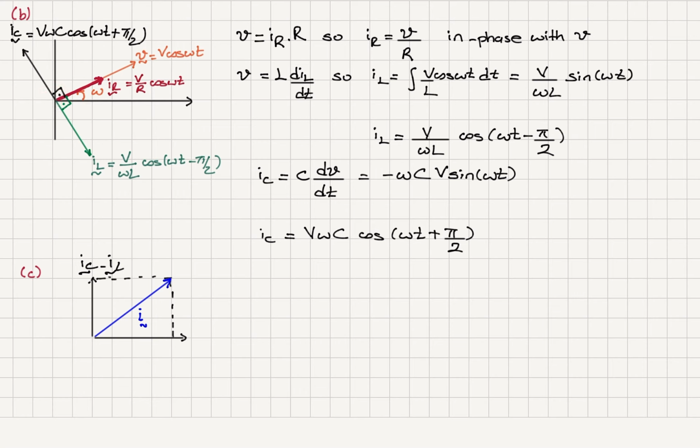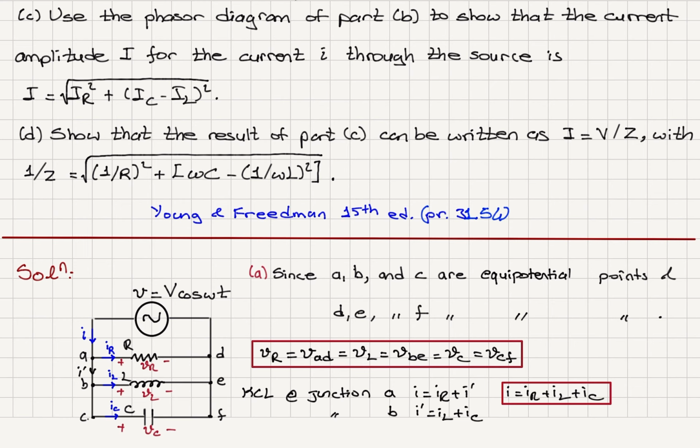And there's a 90-degree angle with respect to I sub R. So I'm going to have the I sub R phasor here. And these three phasors will add up to give me the total current phasor. Basically, this equation that I have here is actually a phasor equation. So these phasors are adding up to give me the current phasor.